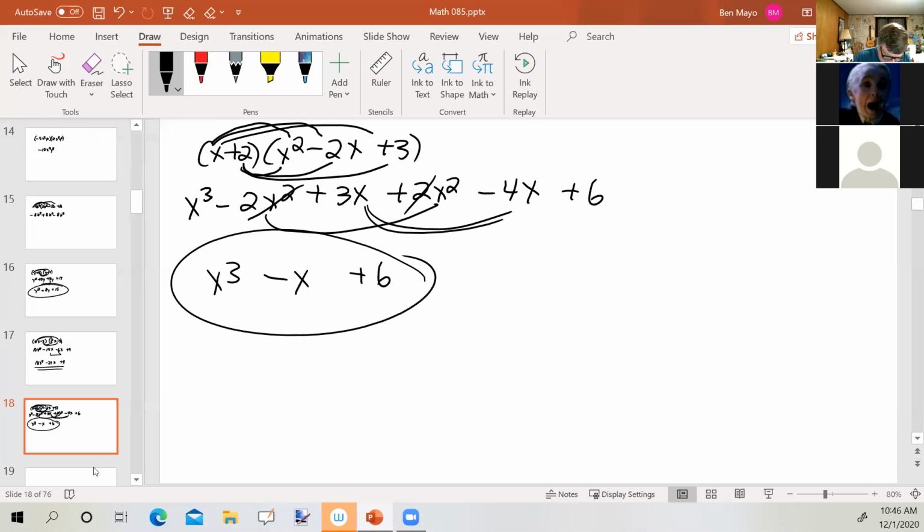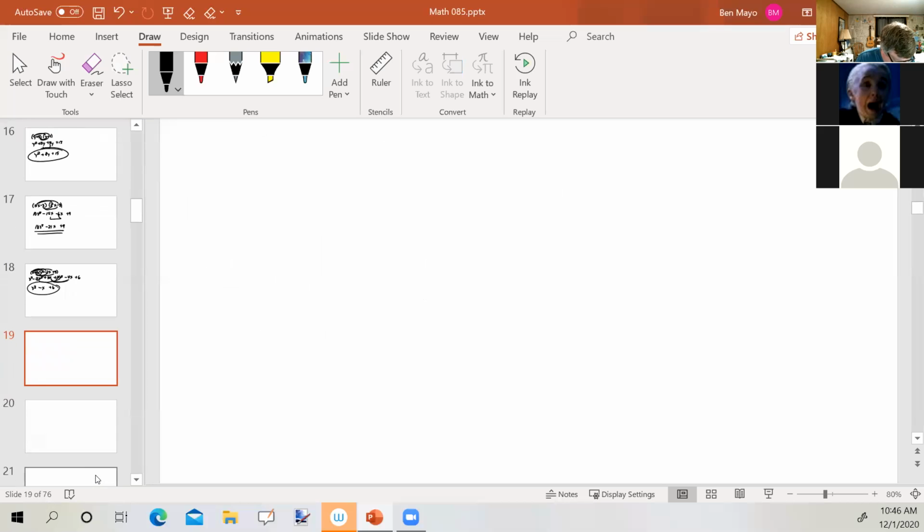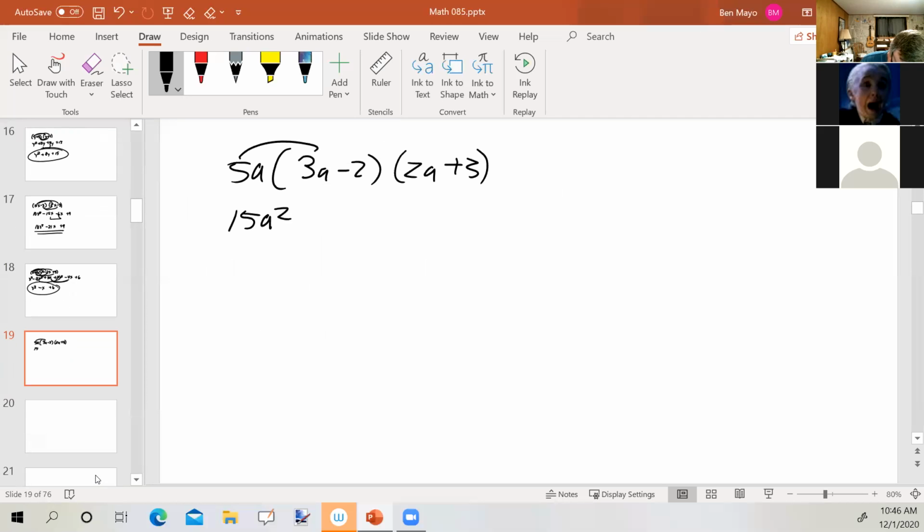All right, let's say we've got something like this: 5a times 3a minus 2 times 2a plus 3. We can only multiply two of these things together at a time. So I'm going to start at the beginning and get 15a squared minus 10a.